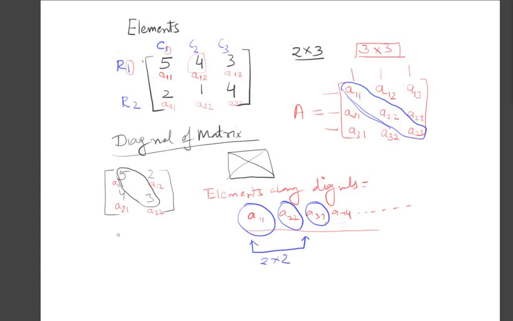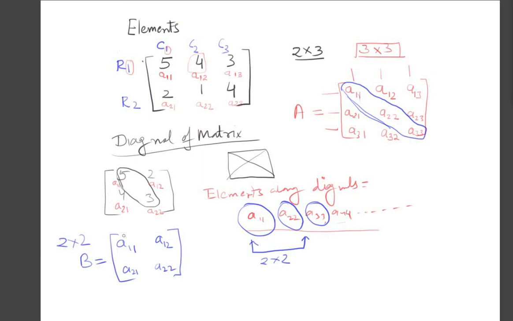So for illustration purposes, I'm writing it down for you. If I've got a 2 cross 2 matrix, let's say B is a 2 cross 2 matrix, I would write A11, A12, A21, and A22.